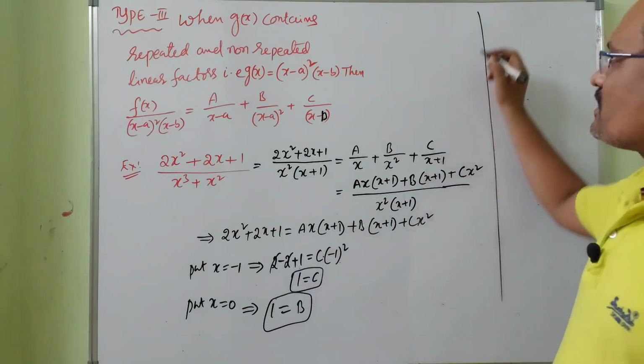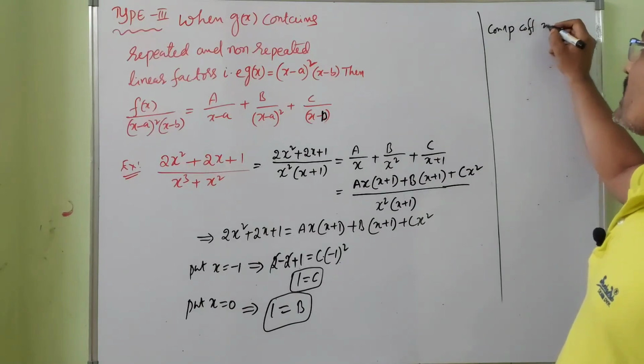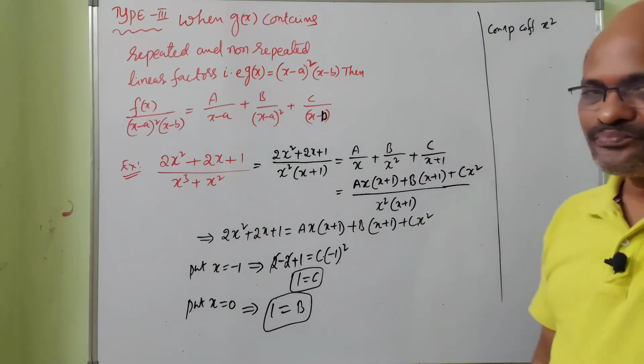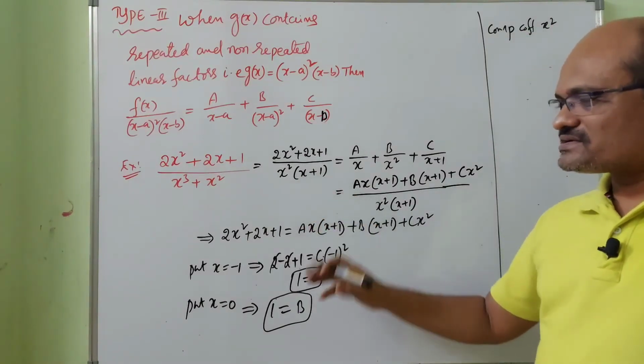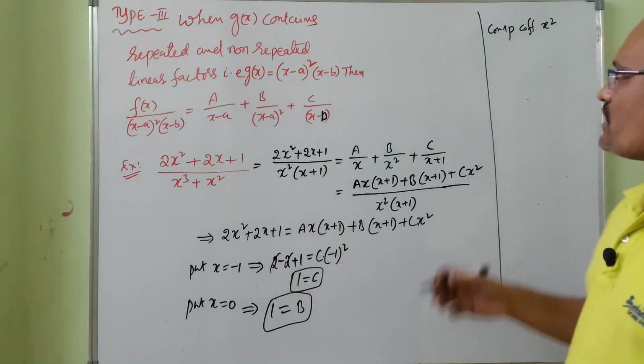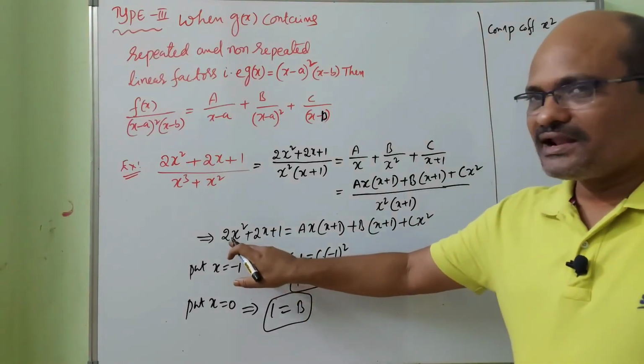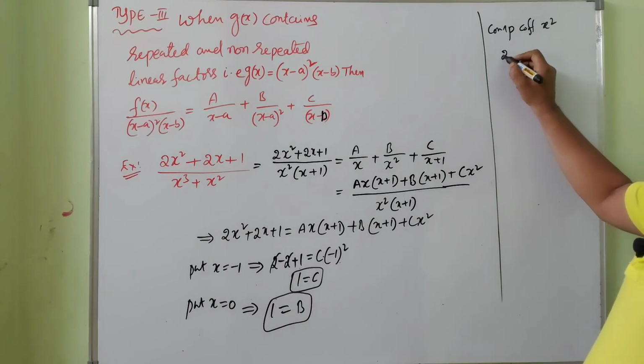I got B and C. For getting A, I use comparing the coefficient of x square on both sides. Because only two factors are there, I used substitution for those two factors. Now I compare x square so that I get the value of A. On the LHS, the coefficient of x square is 2.